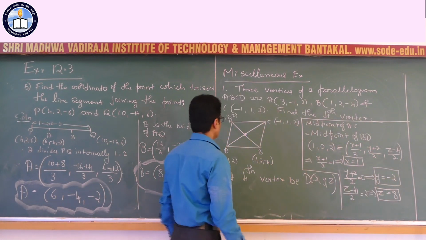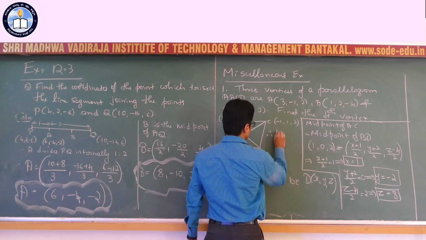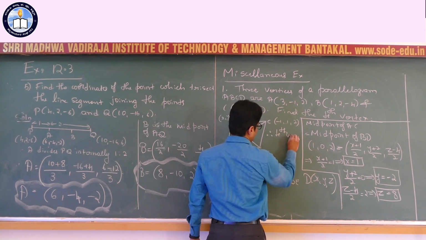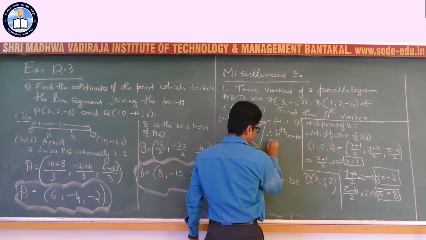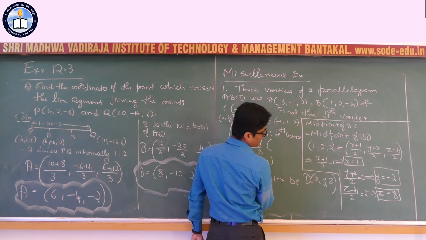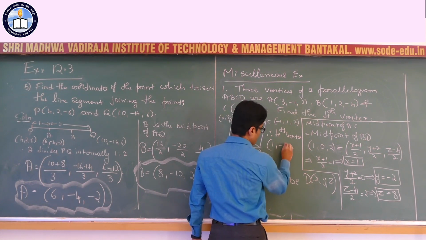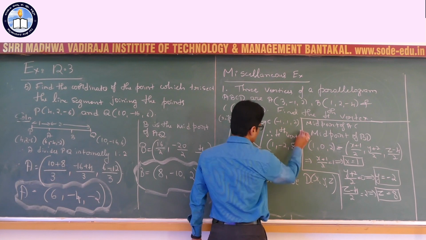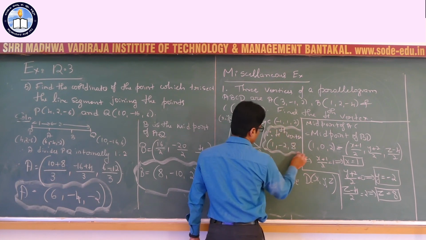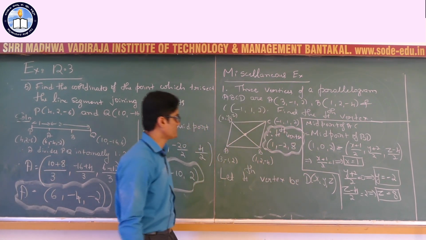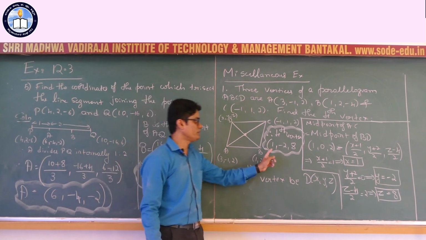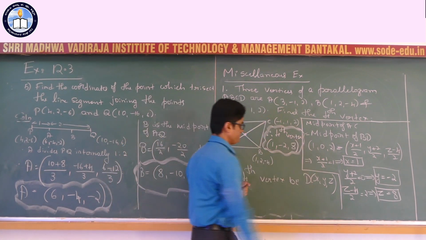Therefore, what is the fourth vertex? x is 1, y is minus 2, z is 8. So this is the final answer. The fourth vertex of this parallelogram is 1, minus 2, 8.